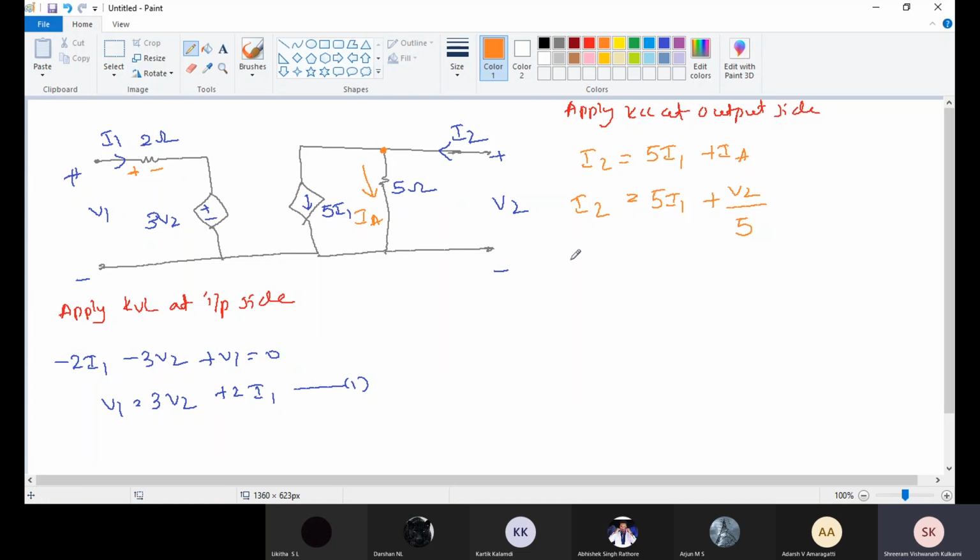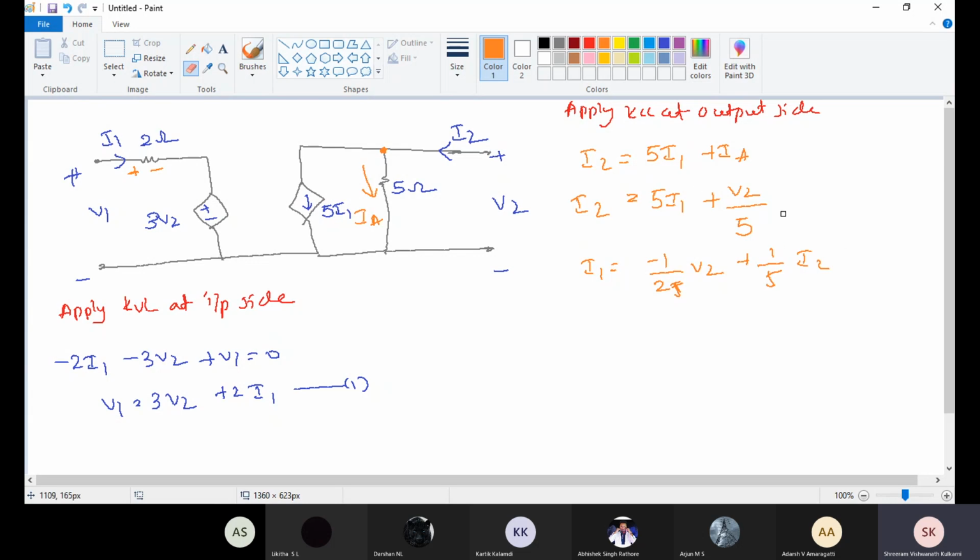Now 5I1 equals to minus 1 by 5 V2 plus I2. If I arrange the above equation in terms of I1, I'll get I1 equal to minus 1 by 25 V2 plus 1 by 5 I2.